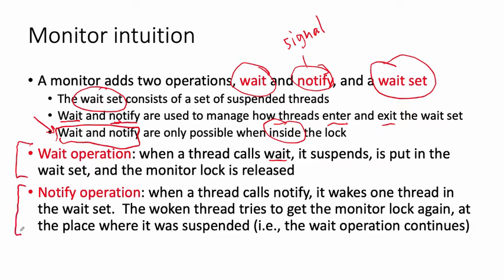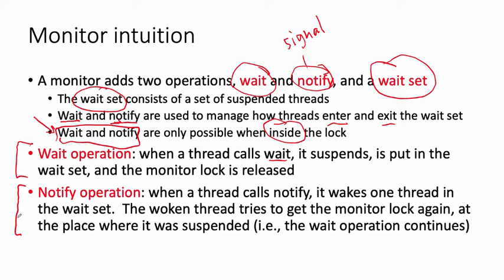The notify does the other thing. When a thread calls notify, it wakes up one thread in the wait set. That woken thread will try to get the lock, but it cannot yet because the thread that called notify is still inside. So when the thread that called notify goes out, then the woken thread can come in the lock.